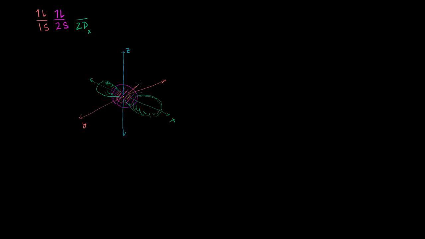Same idea, kind of a dumbbell shape in the y direction, going along the y-axis in that direction and in that direction. And then you also have your 2pz, and that goes in the z direction, up like that, and then downwards like that.